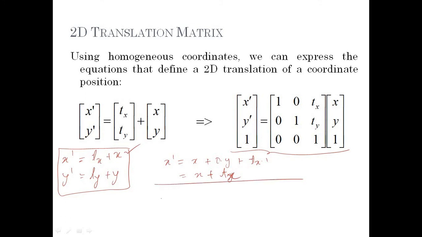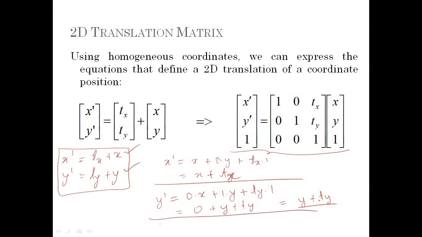Now consider y dash: 0 into x plus 1 into y plus ty into 1, which is 0 plus y plus ty, nothing but y plus ty. Same thing. Now consider the last row: 0 into x plus 0 into y plus 1 into 1, which gives 1 equals 1. This is unnecessary, but to make it homogeneous we write it like this.